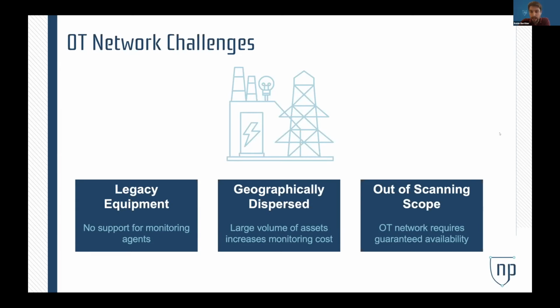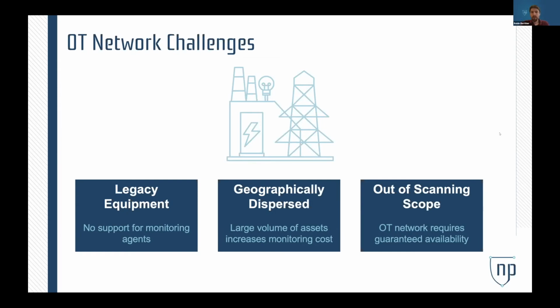And then third, OT has requirements around the availability of assets and some requirements around guaranteed quality of service and timing for network packets to arrive. And that means that it's preventing a lot of active scanning activity that we are seeing in the IT side of the network.